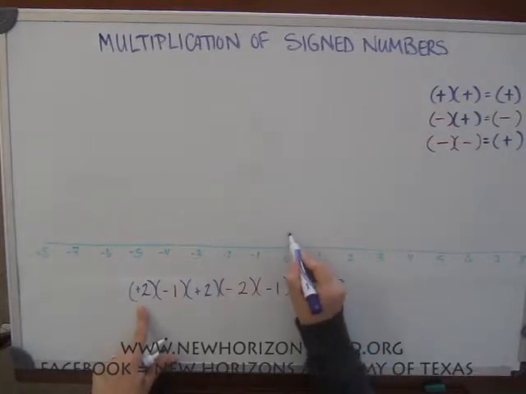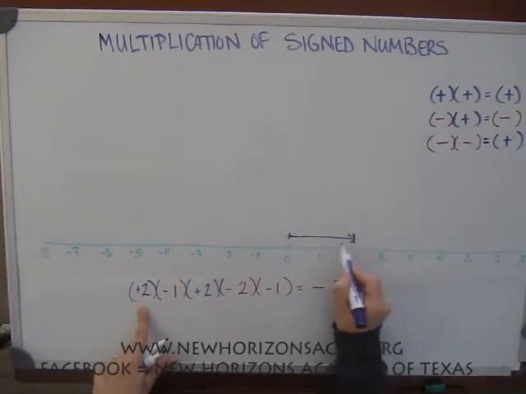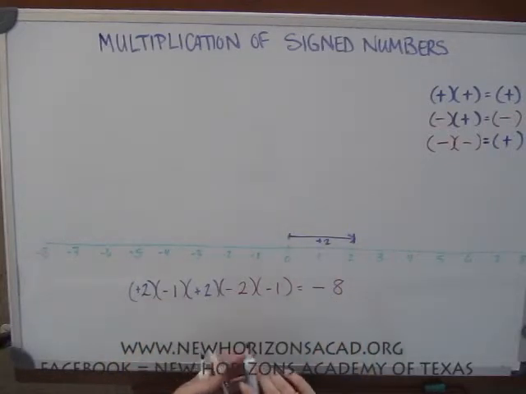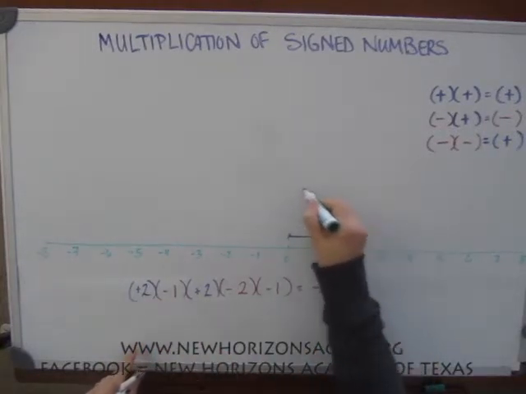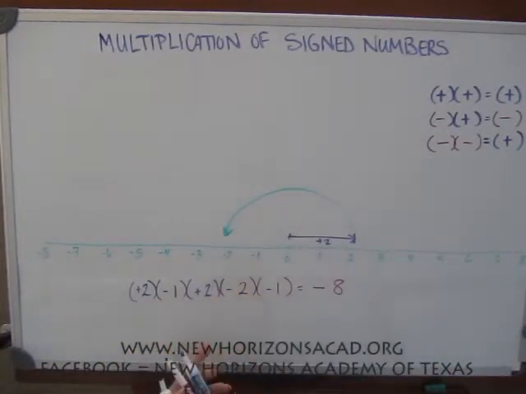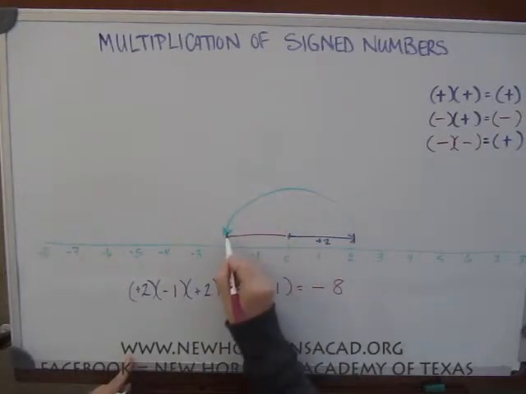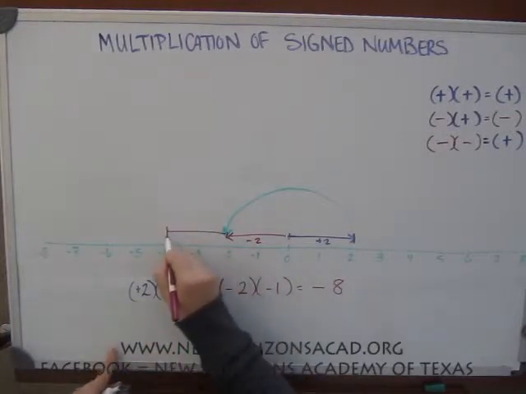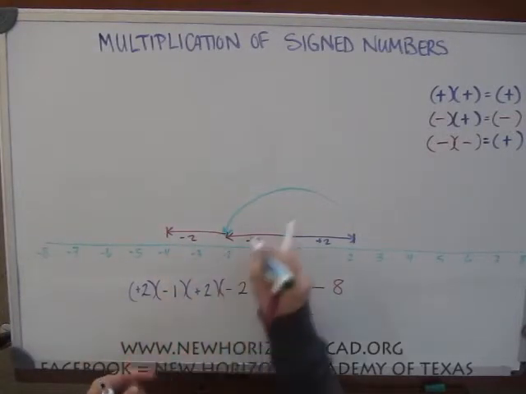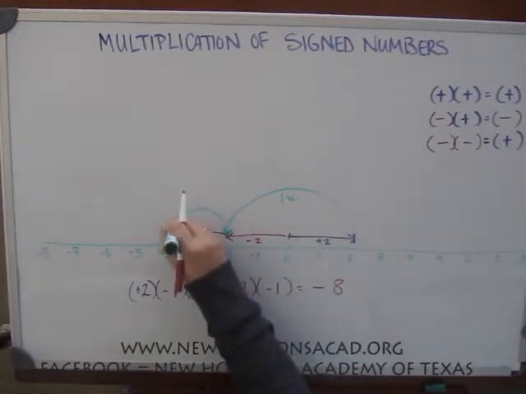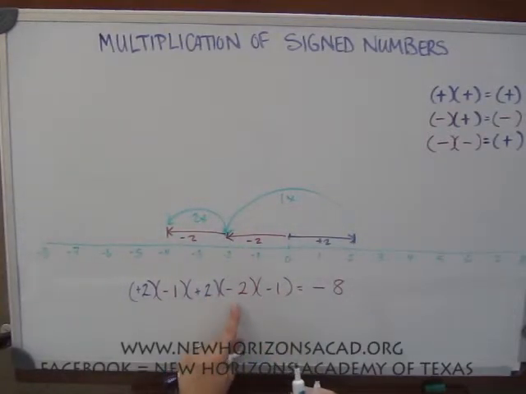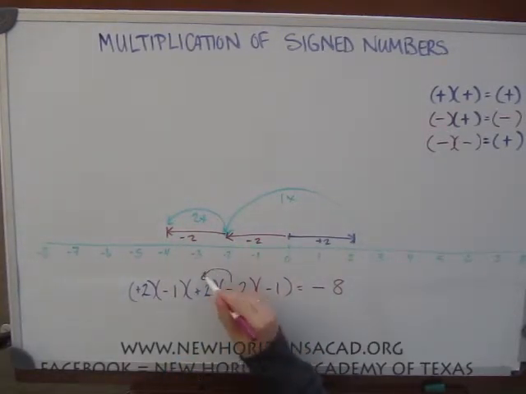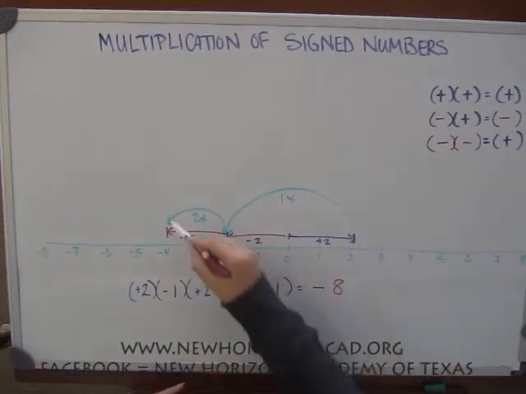I have 2. I'm going to get the opposite of that once. It's going to give me -2. I'm going to get that, -2, twice. Once, twice. I'm going to get the opposite of that. Okay, twice.